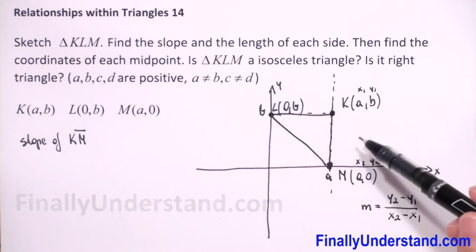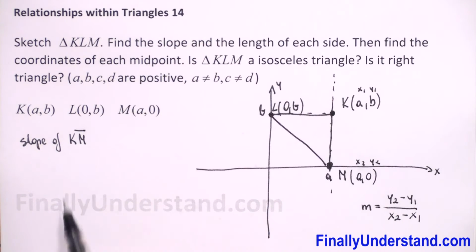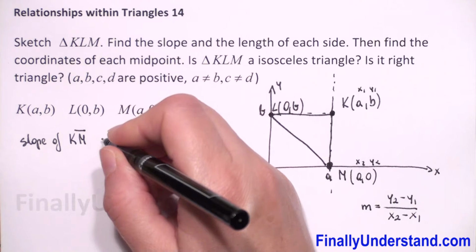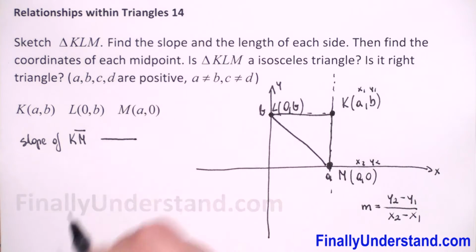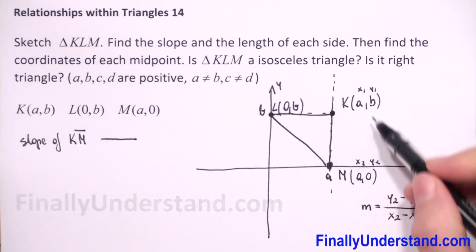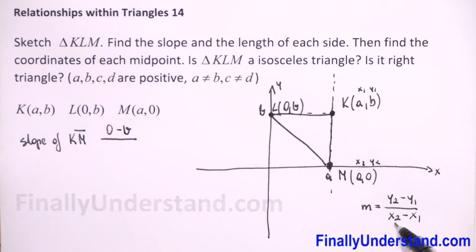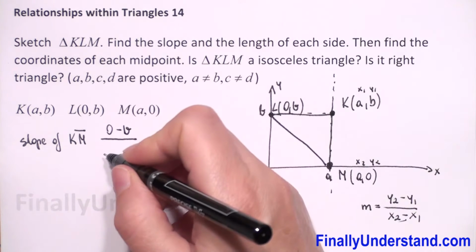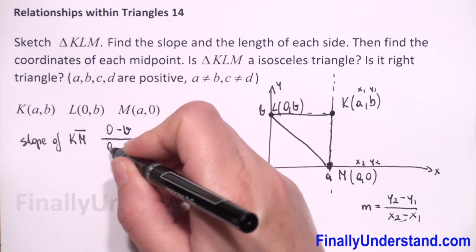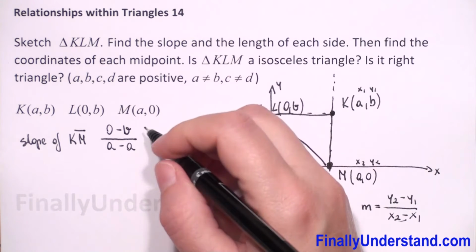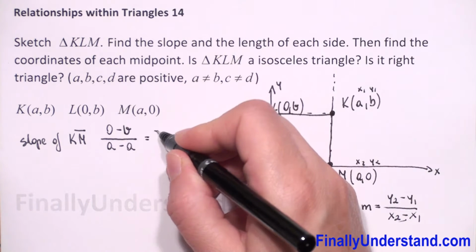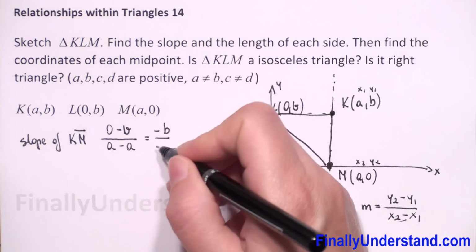Now we will use this formula. We have segment KM, so the last point will be M. So in the numerator we have to subtract y coordinates, so it will be 0 minus B. And in the denominator we have x2 minus x1, so it will be A minus A. So we see that we got negative B in the numerator, and in the denominator we have 0.